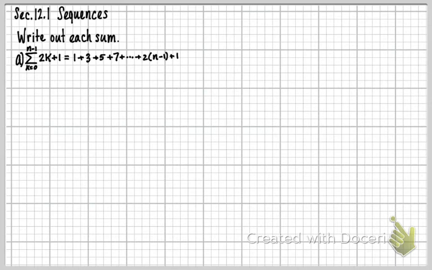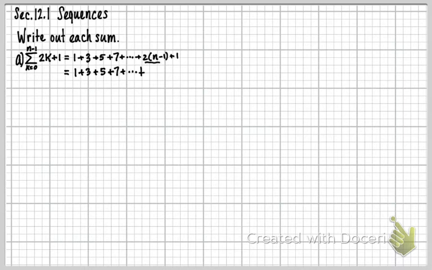So then I can simplify this to 1 plus 3 plus 5 plus 7 plus ... plus, oops.